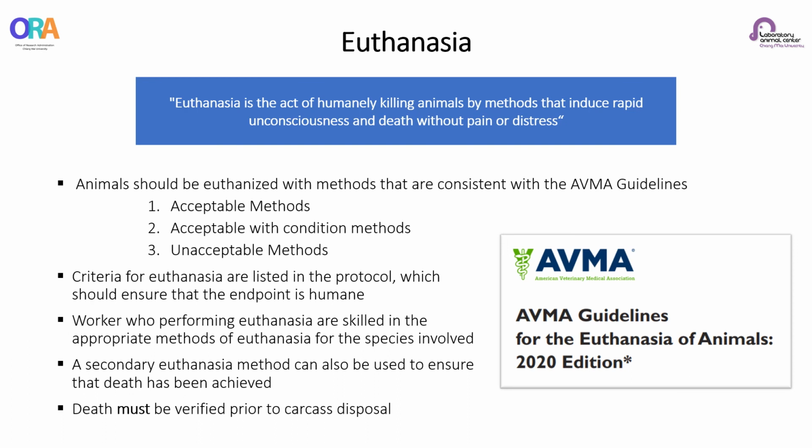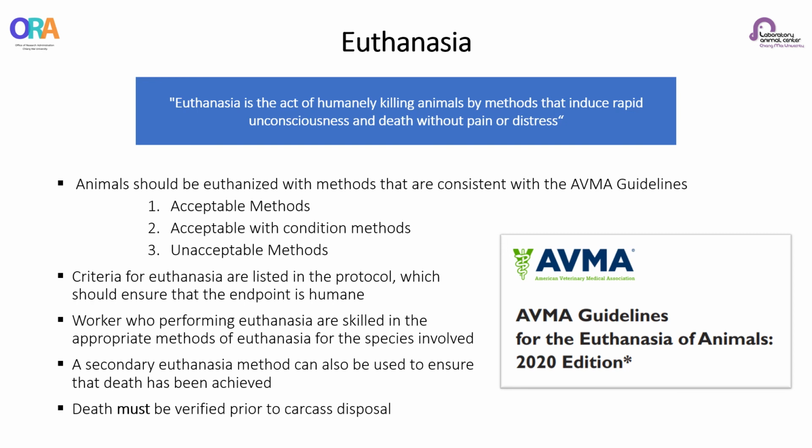Even though carbon dioxide is commonly used to euthanize rodents, its acceptability should be evaluated as new data become available. As its use is controversial, neonatal rodents require longer exposure time to carbon dioxide, and a secondary or alternative method should be considered.